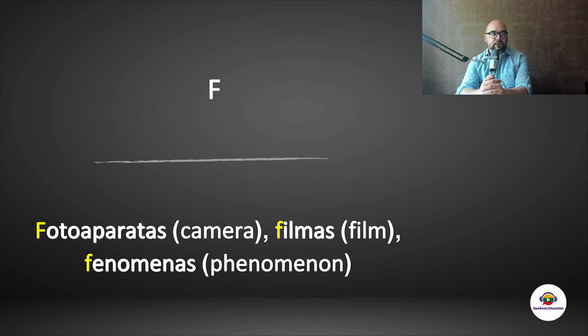Yeah, so whenever you say the sound F, like phenomenon, like phoenix, right? Phoenix, that would be F in Lithuanian language. Fotoapparatus, that would be photo apparatus, or filmas, film, phenomenon.